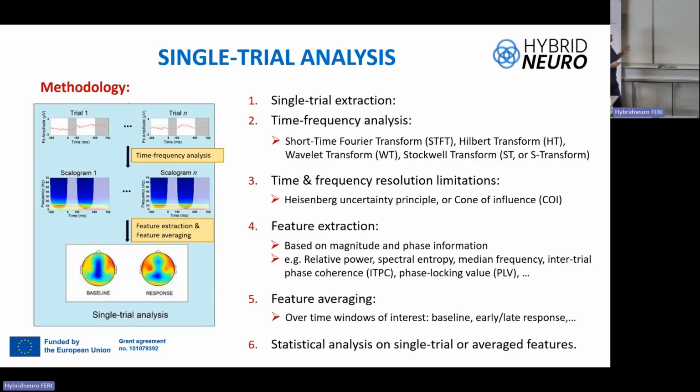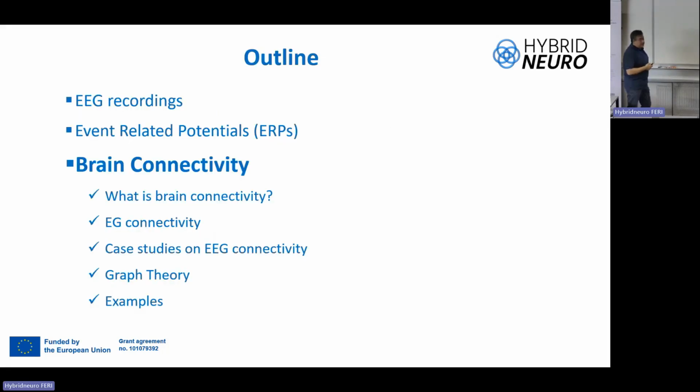So this is the single trial approach. You have different trials. You calculate time frequency representations, scalograms, spectrograms. You define several features. You calculate this feature for each trial. And then you can average and also represent in topographic maps, in bar diagrams, etc., or box plots. So this is the single trial option.